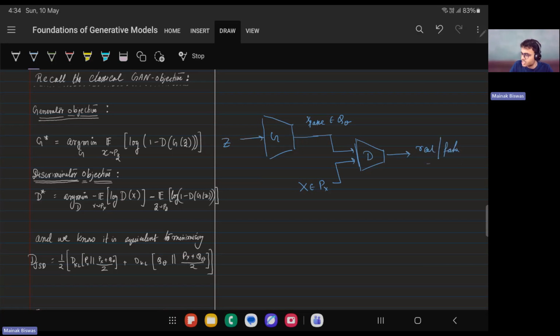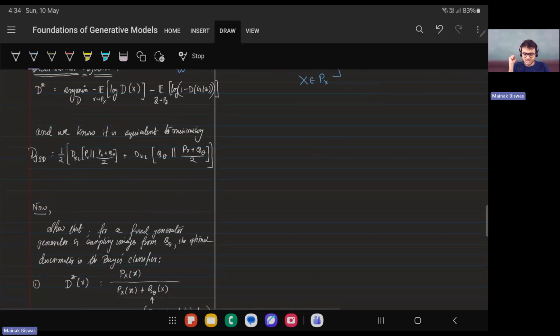The discriminator tries to predict between real and fake images, where the generator tries to maximize the loss. You can clearly see the opposite objectives, as we just now proved. And we have also known that this is equivalent to minimizing the JS divergence and so on.